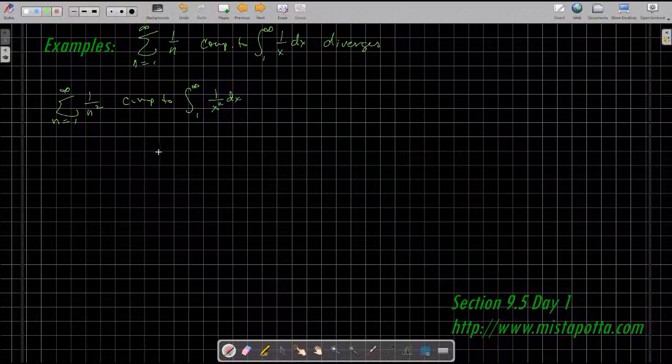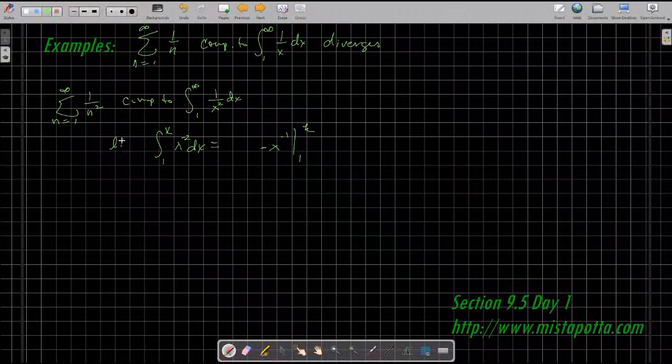dx. And if I'm looking for the integral from 1 to k of x to the negative 2 dx, that's going to be equal to x to the negative 1 divided by negative 1. And I'm going to have to evaluate that from 1 to k.